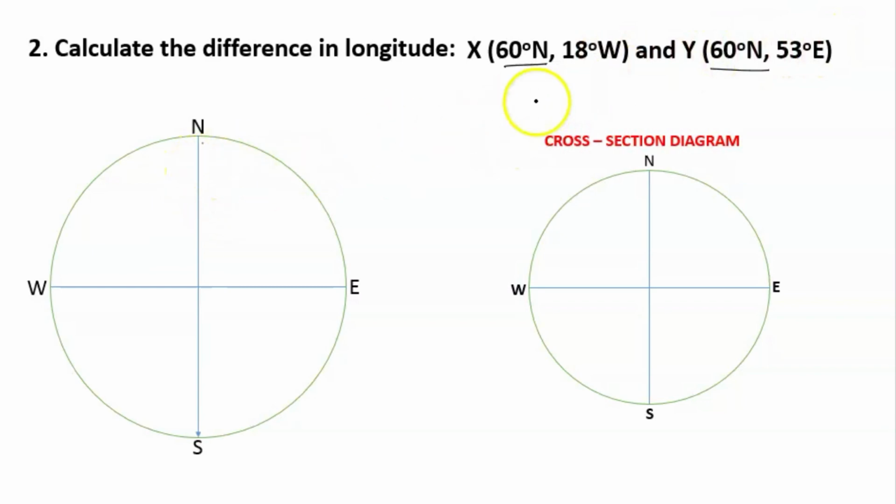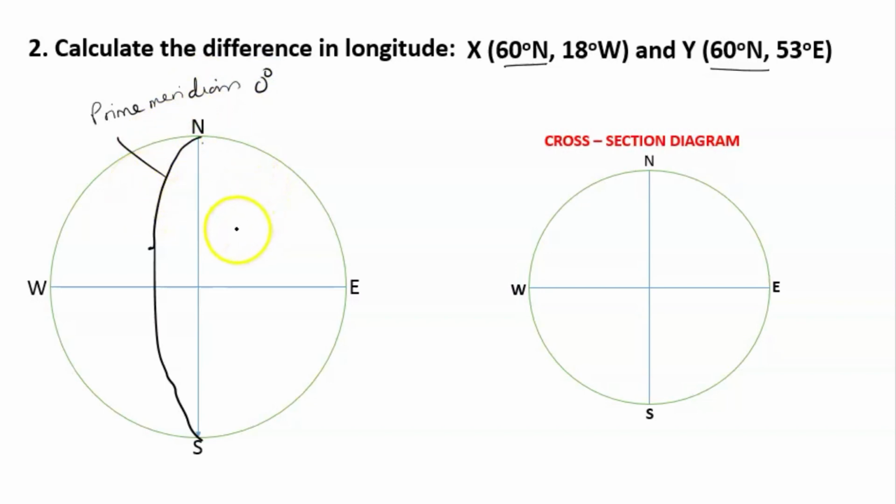Because the longitudes are varied, for you to draw those two longitudes, you must first of all draw your reference line, which is your prime meridian. So let's say this is our prime meridian, where other latitudes and longitudes will be drawn. This is usually 0 degrees. Now, before we continue, we see that we are having 60 degrees north, so I can come to the northern hemisphere and have my 60 degrees.